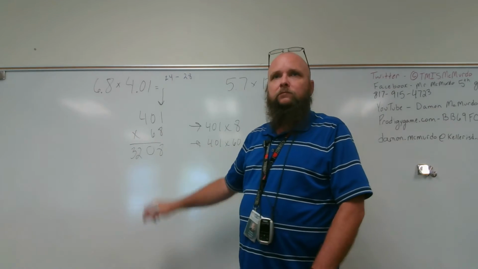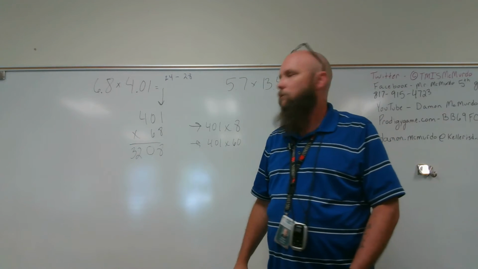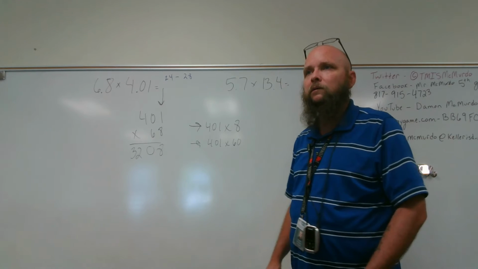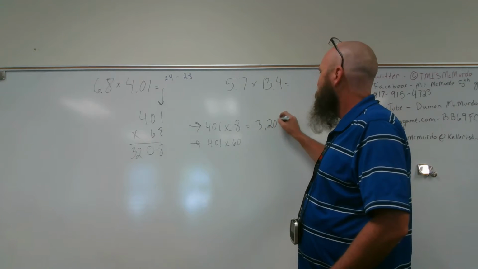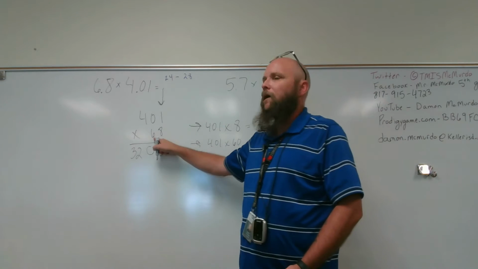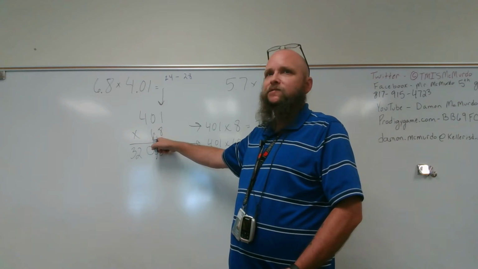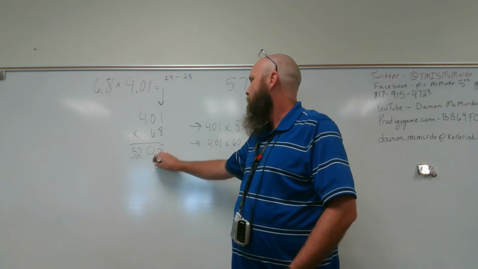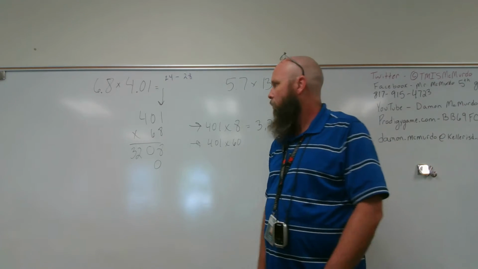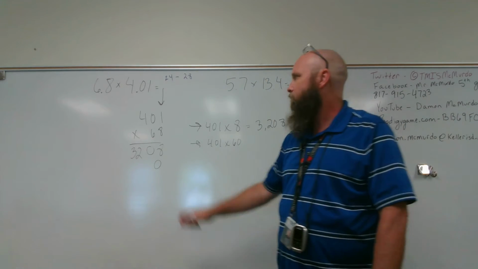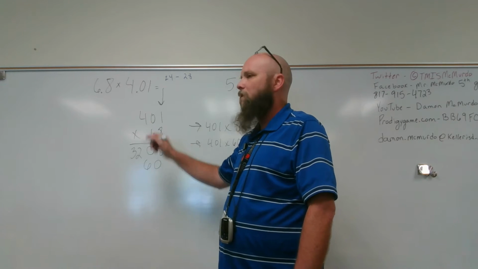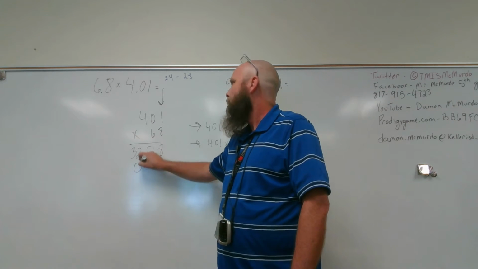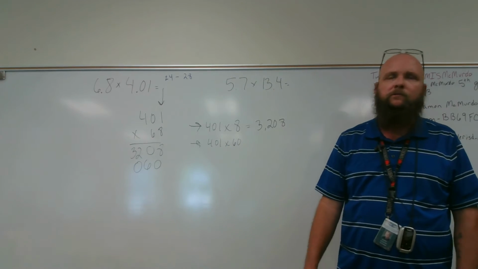Now I'm multiplying by 60 because my 6 is in the tens place. So I need to have a 0 so that I start in the tens place. 6 times 1? 6. 6 times 0? 0. 6 times 4? 24.